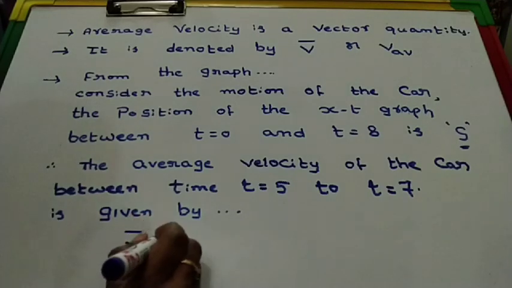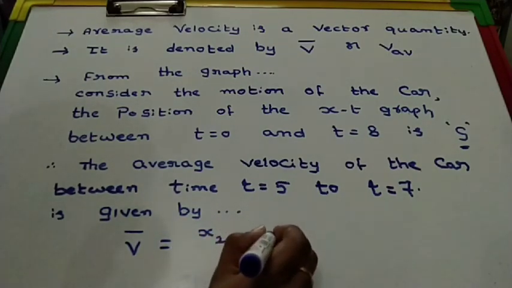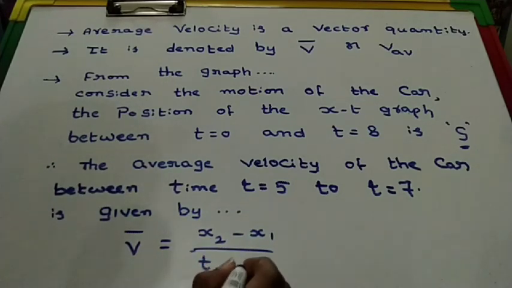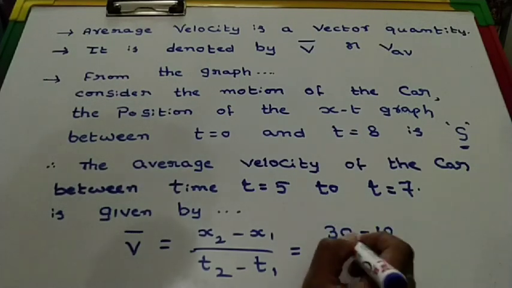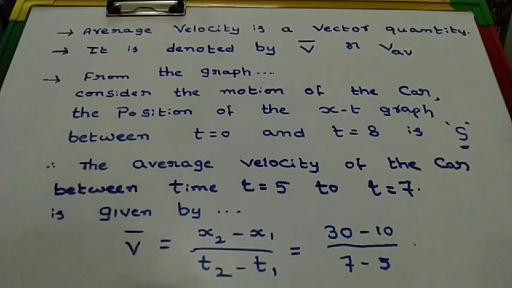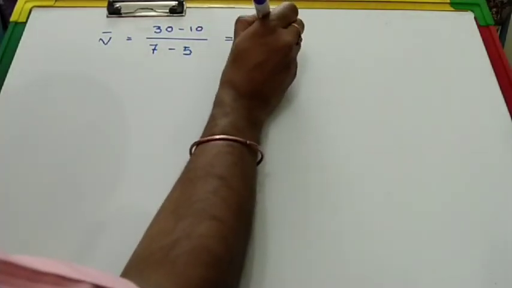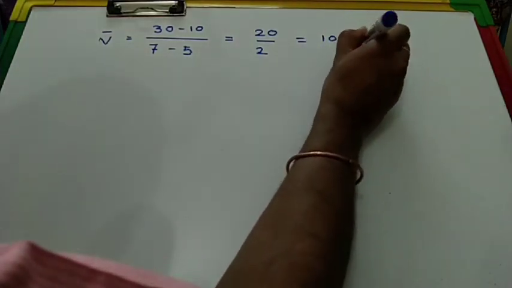V average is equal to x2 minus x1 whole by t2 minus t1, that is equal to 30 minus 10 whole by 7 minus 5, that is equal to 20 by 2, that is equal to 10 meter per second.